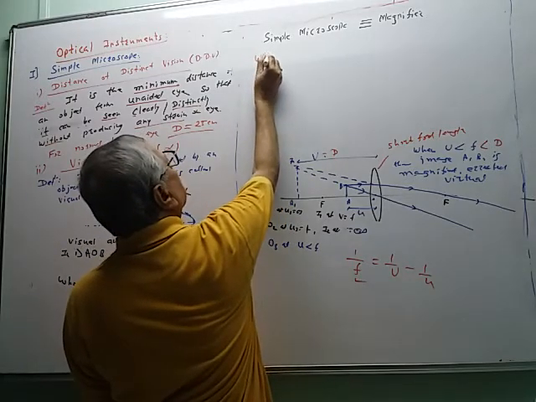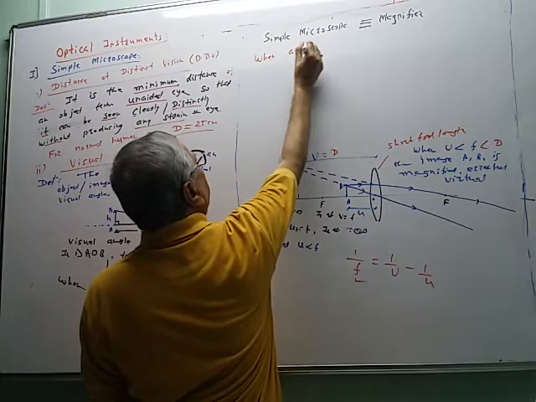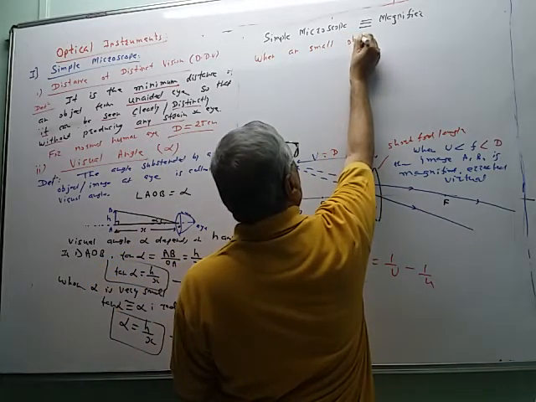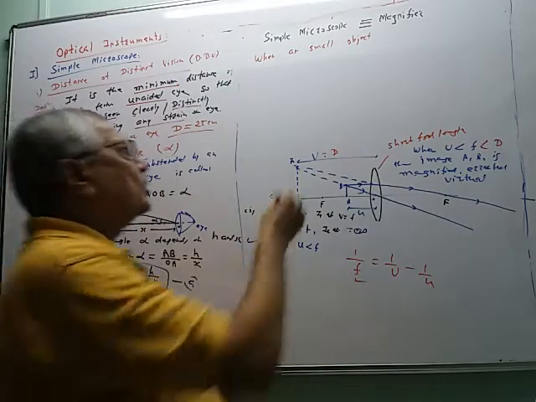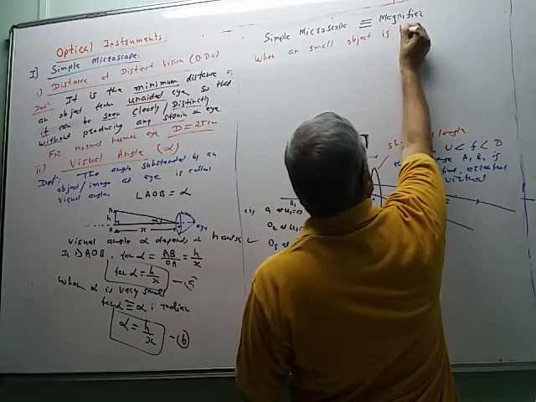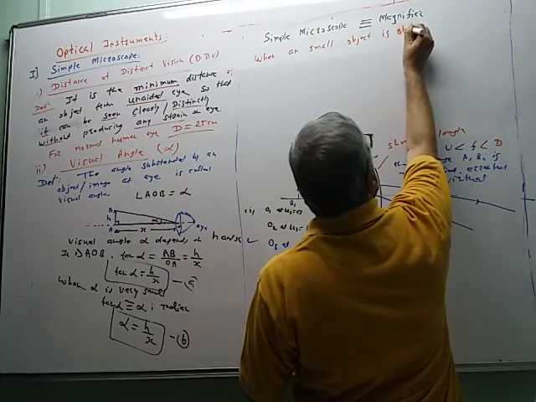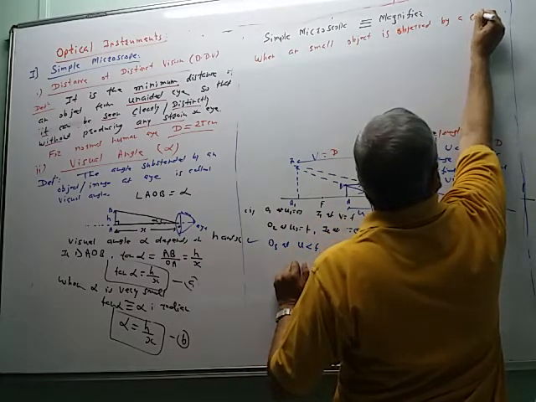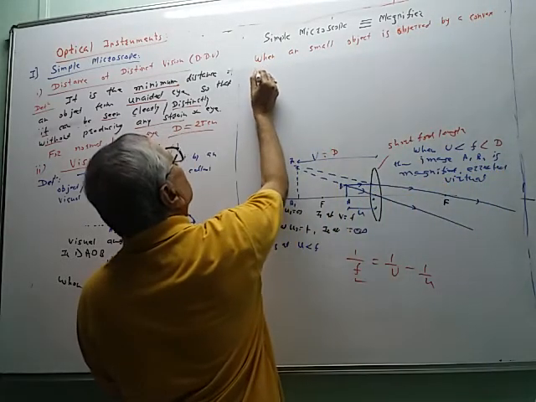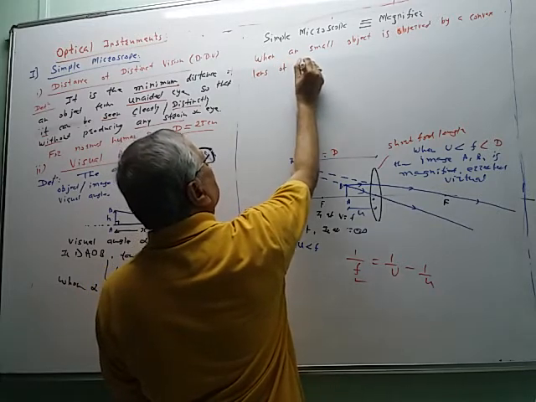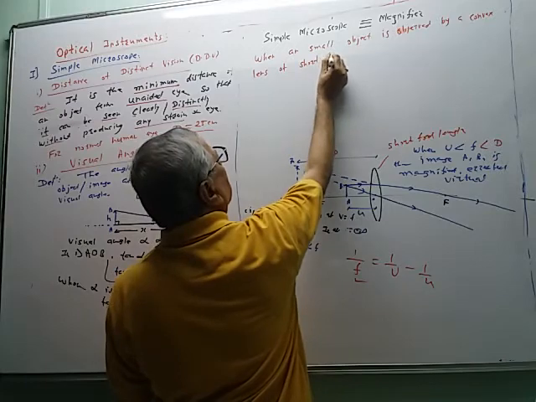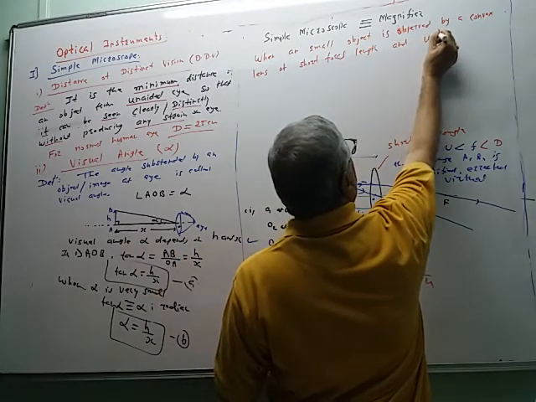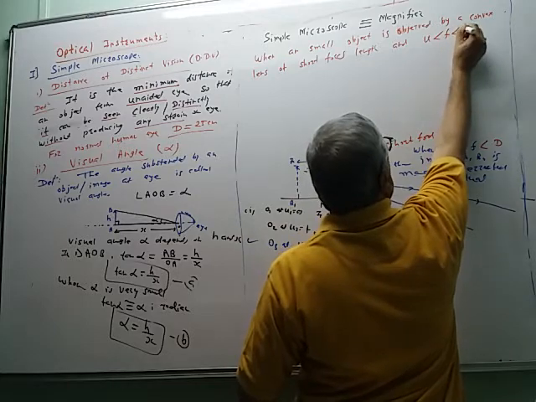When a small object cannot be observable by naked eye, when a small object is kept or is observed by a convex lens of short focal length, and the object distance is kept less than focal length, less than DDV.